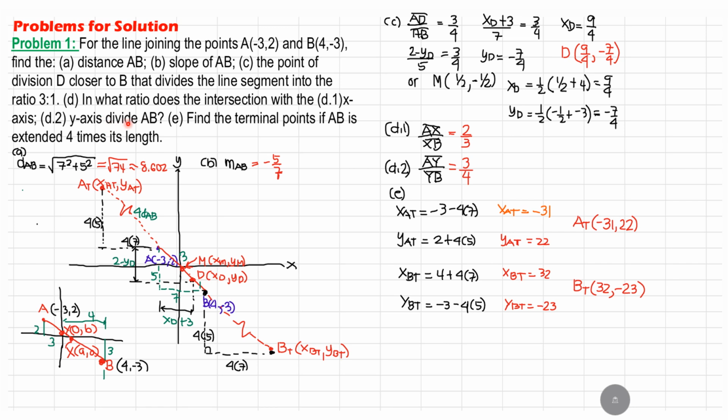Then D.1, in what ratio does the intersection with the x-axis divide AB?